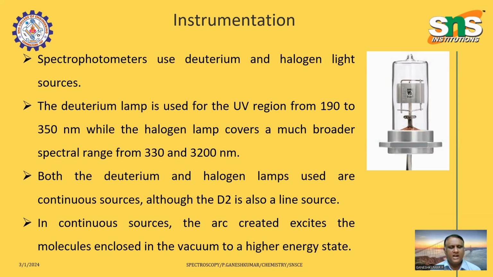Both the deuterium and halogen lamps used are continuous sources. Although the D2, that is the deuterium lamp, is also a line source, in a continuous source, the arc created excites the molecules enclosed in the vacuum to higher energy states. So considering these two, deuterium will be a better option.